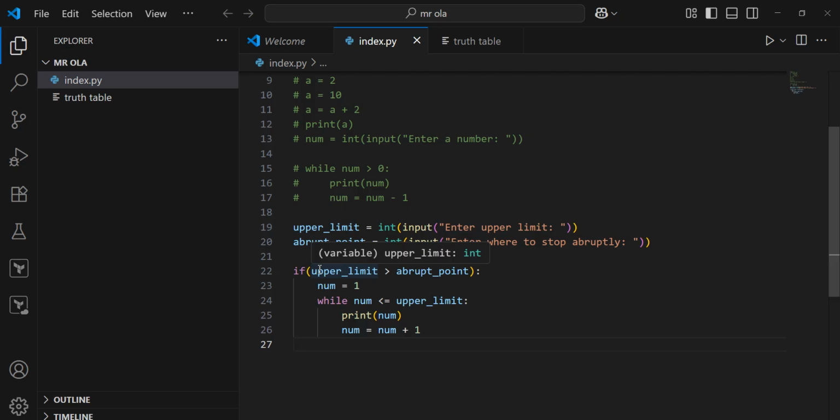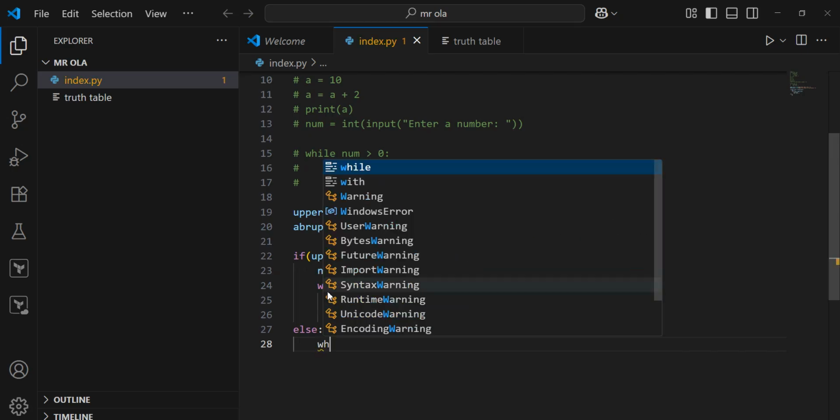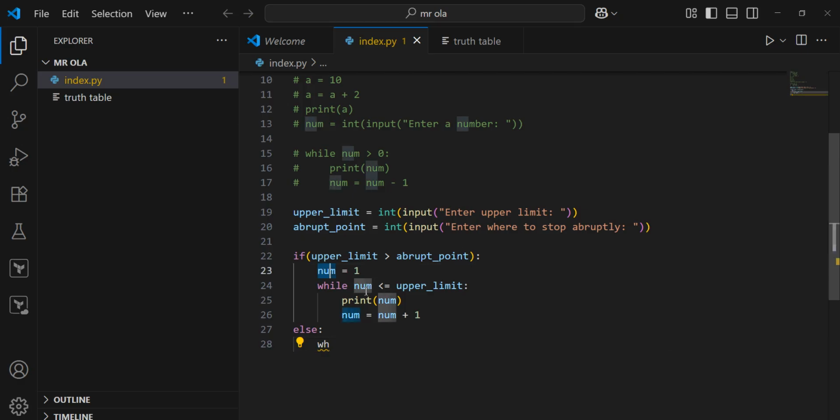Now we are done with the first one. The next one says else if the upper limit is higher than the second number, otherwise, if it is not, display all the numbers from 1 to the second number. So I say else, while we just do the same thing.